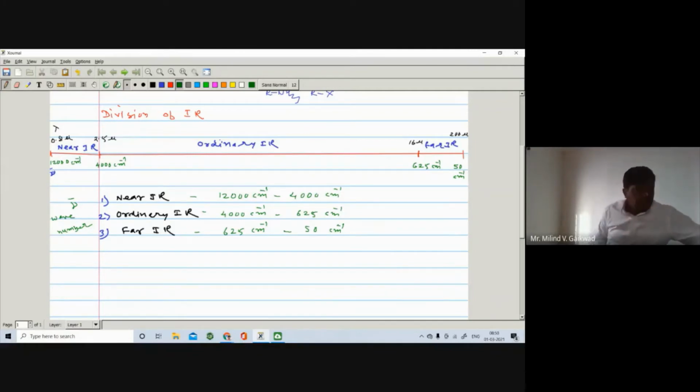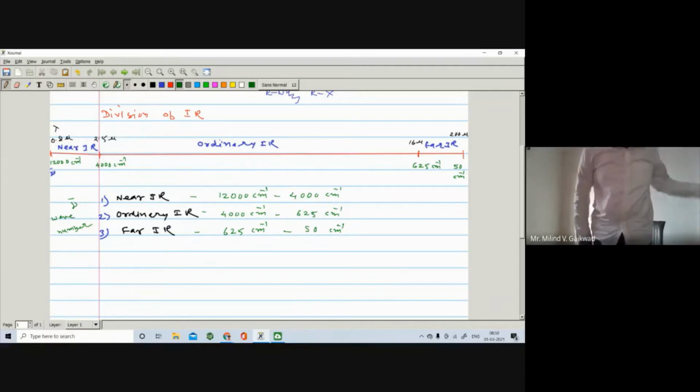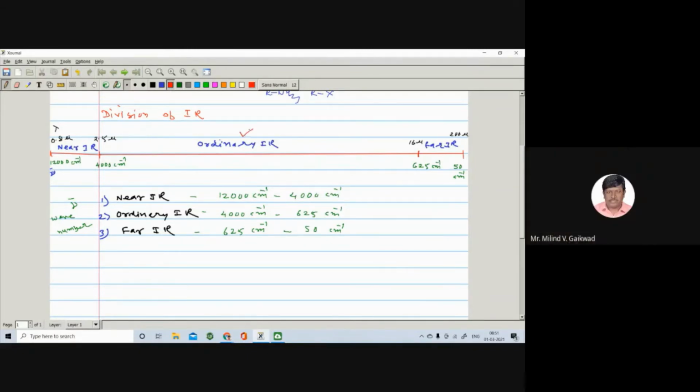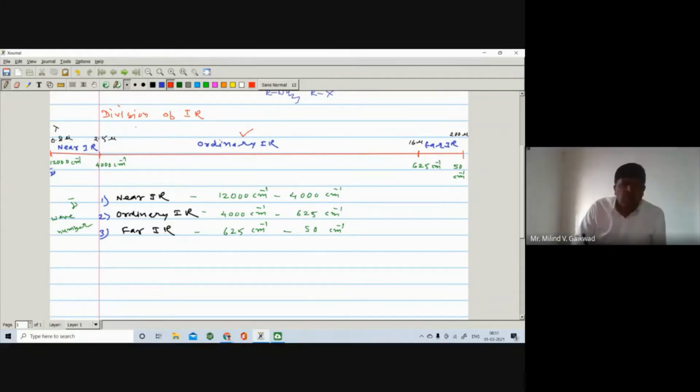So we'll see more only on the ordinary IR, because it is useful to find out the structure of organic molecules.